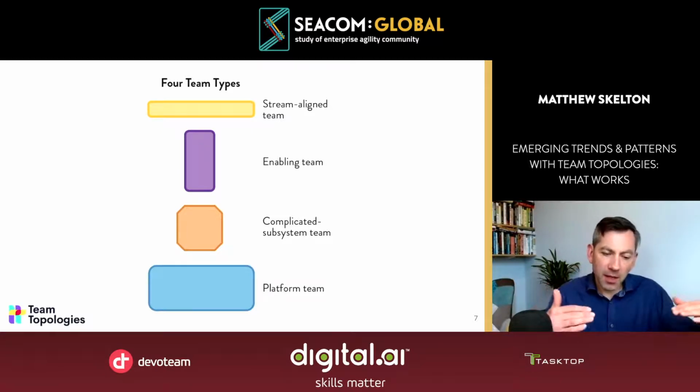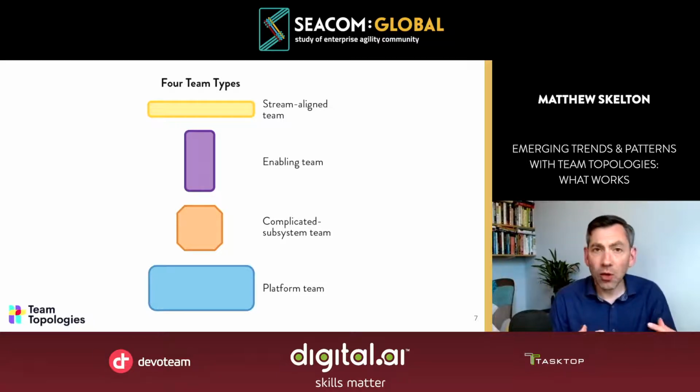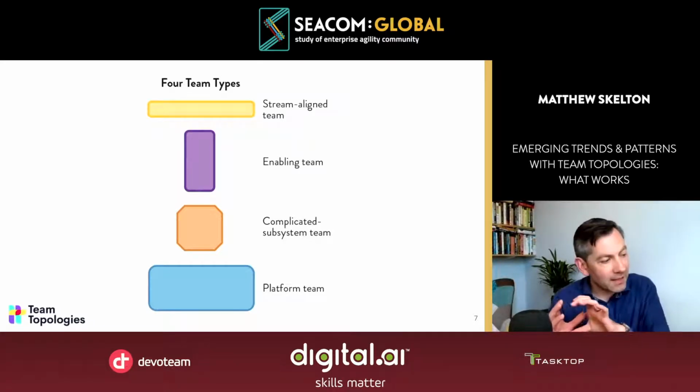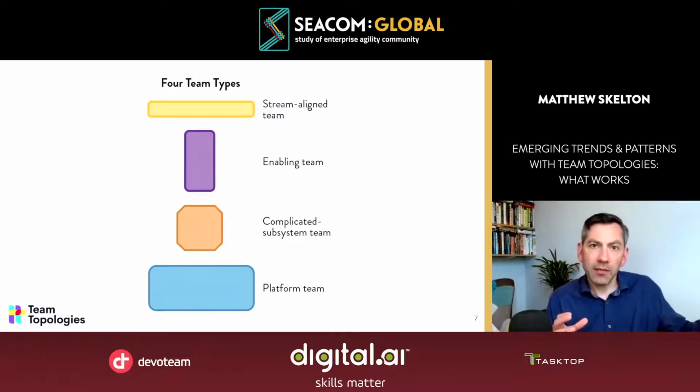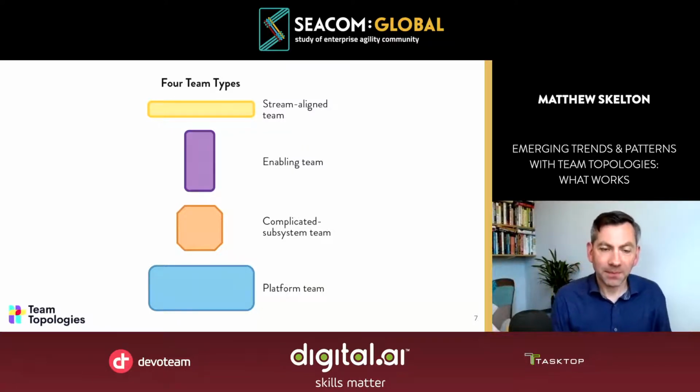In which case we might get value from having some of those non-differentiating aspects, data, infrastructure, security, and so on, inside a platform. But the platform has to be measured on how well they accelerate the delivery of value in the streamlined teams. Very different from platforms of the past.